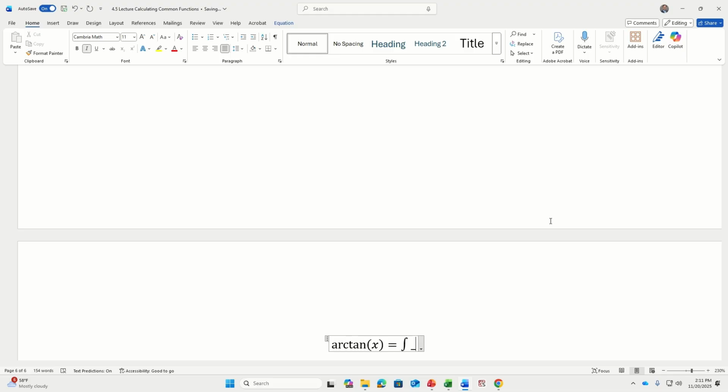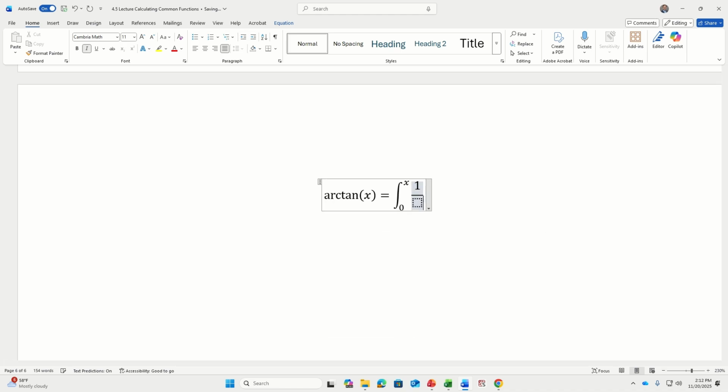Yeah, I could just say, I know arctangent of 0 is 0, and so let's make this the integral of 1 over t squared plus 1 dt. And that's nice because calculating 1 over t squared plus 1 is just a matter of multiplying, adding, and dividing. So I can do that with Clenshaw-Curtis quadrature or Gauss-Legendre quadrature. And we're in business.